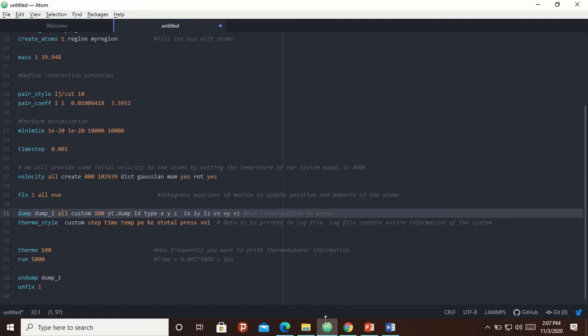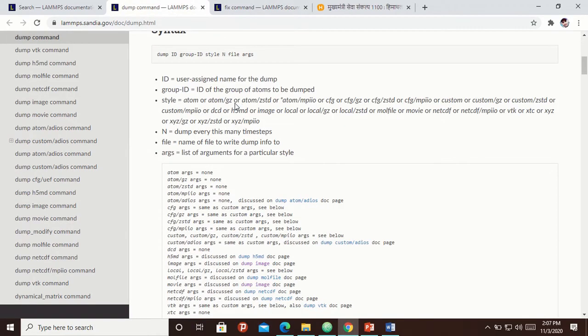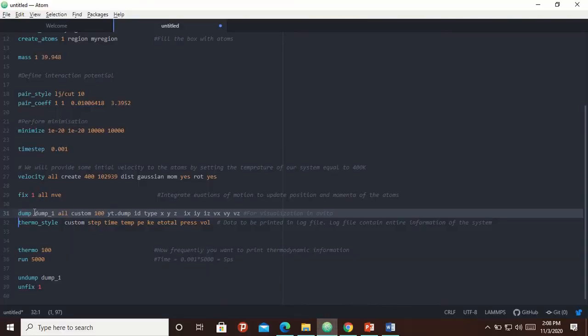So this is the keyword, and if I go to the dump command, it is dump followed by the ID, a user assigned name for the dump, and the name that I have defined is dump_1. Then comes the group, and I will write all for all the atoms in the system. Now I am using custom here.